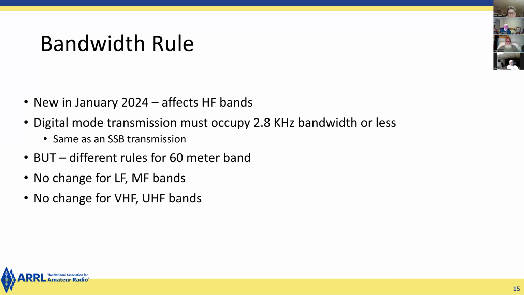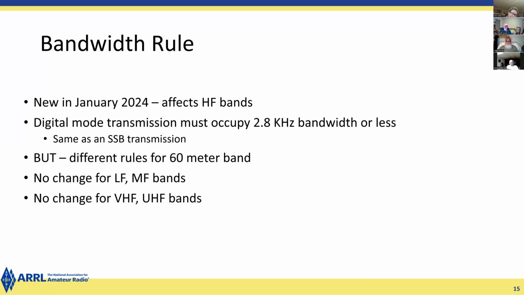Most countries, except the United States, only regulate the bandwidth, the amount of radio spectrum that a digital signal can use, and they don't specify how fast the digital mode can transmit. In other words, the data rate. So the FCC, effective only this past January, changed the rules.